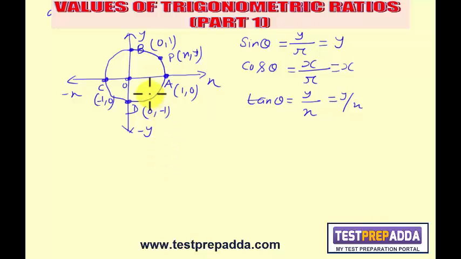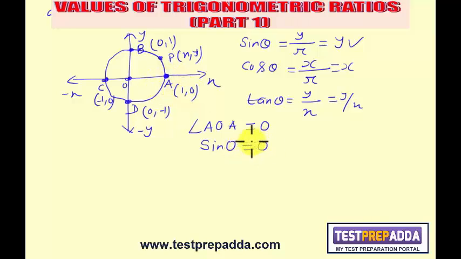So, if you look at this angle, if I say angle AOA, then what is this? 0 radian. So, if I say sine 0, then it will be what? Since it is the y coordinate, what is the y coordinate here? 0.